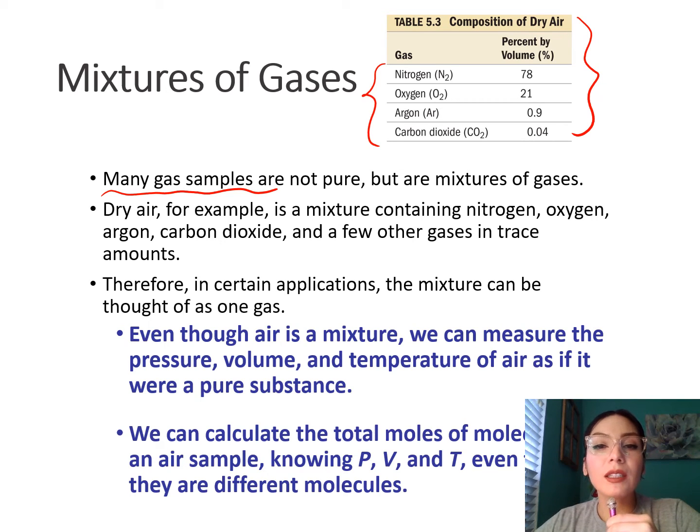Because it's a mixture of these gases, which we assume behave ideally, we can use the ideal gas law and also the simple gas laws to calculate whatever parameters we want, pressure, volume, temperature, as if it were a pure substance and not a mixture.